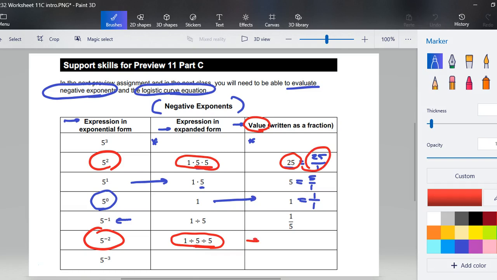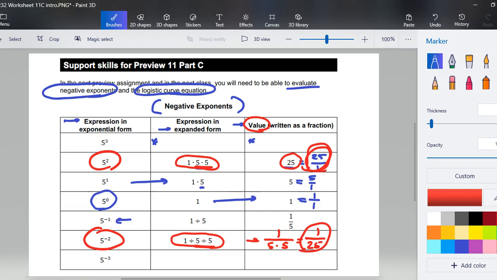And here, we don't have the value listed. So, using the processes, if it's 1, well, it's a reciprocal. It's going to be 1 over 5 times 5. It's going to be 1 over 25. Whereas 5 squared is 25 over 1, 5 to the -2 is 1 over 25.